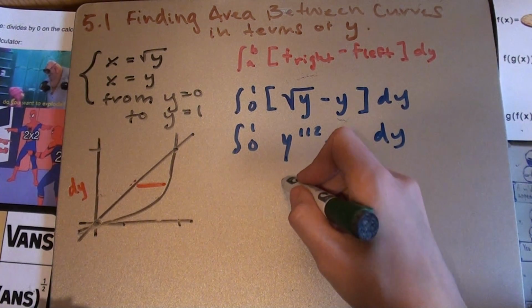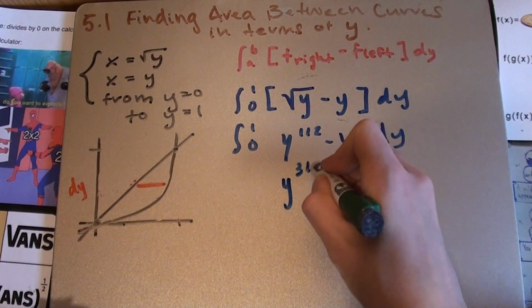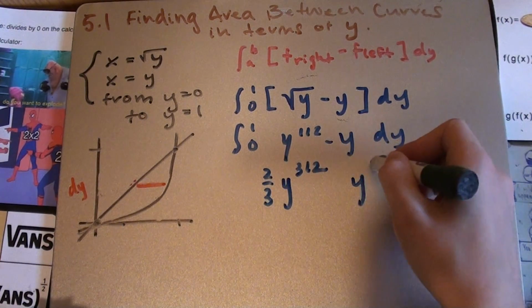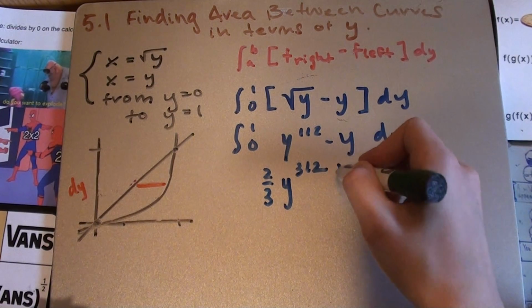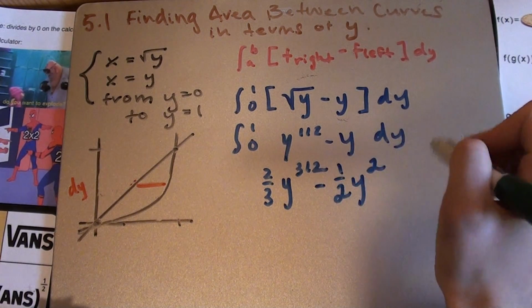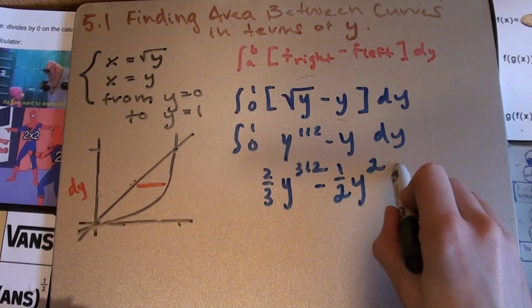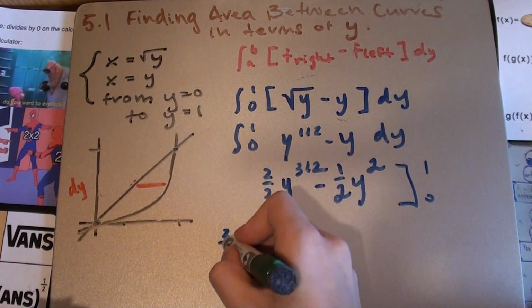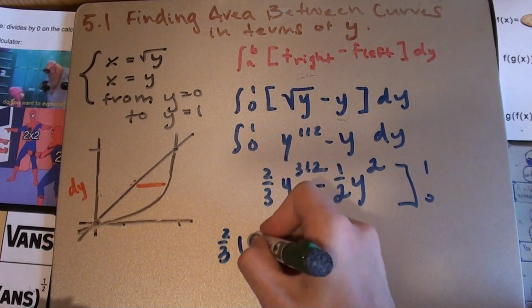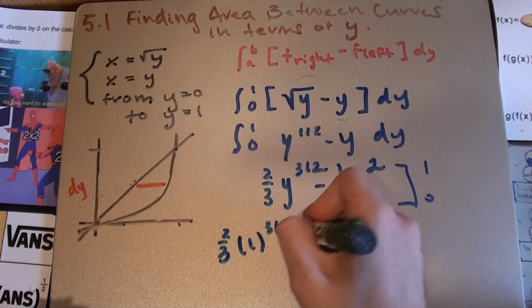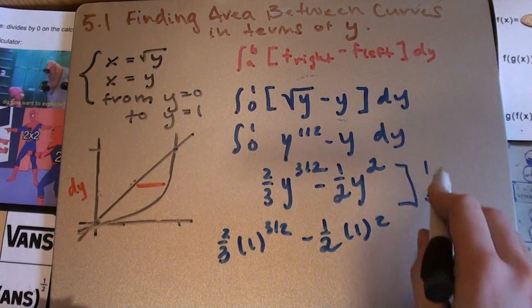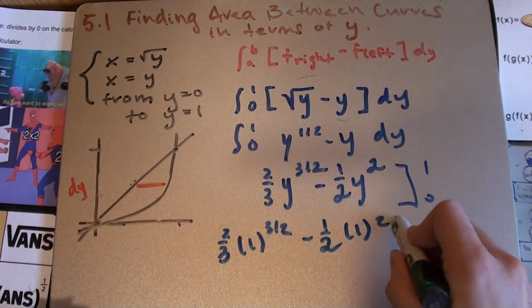When we integrate, we add 1 to our exponent, so we get 3/2. Multiply by the reciprocal. Once again, add 1 to our exponent. Multiply by the reciprocal. Don't forget your sign. And now we have to evaluate with our bounds. So when we plug in 1, we get 2/3 times 1 to the 3/2 minus 1/2 times 1 squared. When we plug in 0, we're just going to get 0.